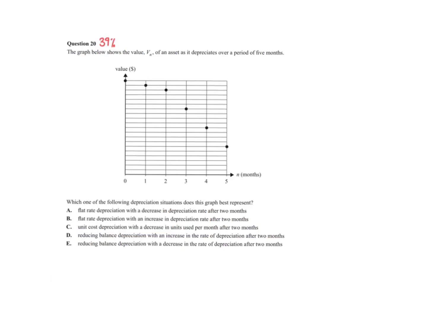So this one, the graph shows the value of an asset that depreciates over a period of time. Which of the following depreciation situations does this graph represent? If you remember, we briefly talked about this. In general, if you have the value over N and flat rate depreciation, you would see a straight line.